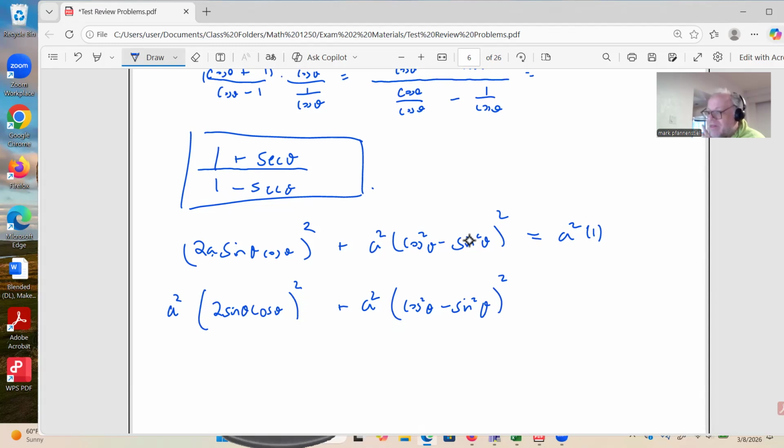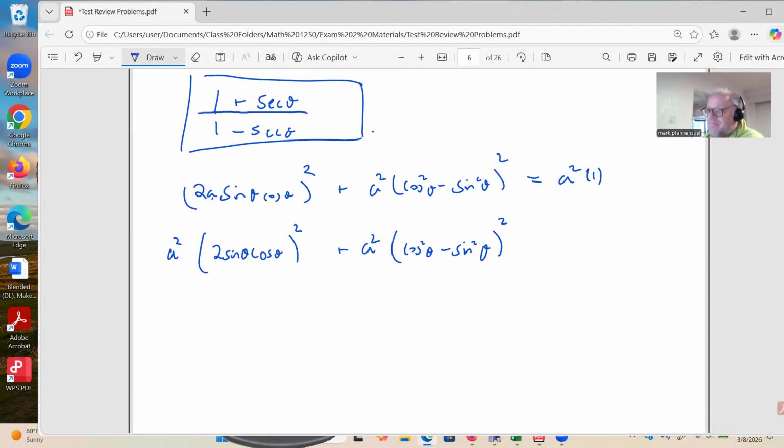I'm probably going to factor some stuff out and see what happens. Now 2 sine theta cosine theta feels awfully familiar. That reminds me of the double angle formula for sine. So this is going to be a squared times sine of 2 theta, because that's 2 sine theta cosine theta, and all of this is squared.